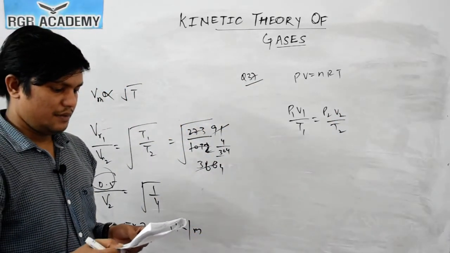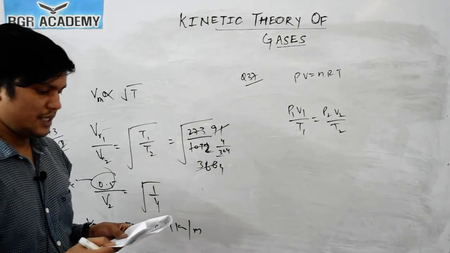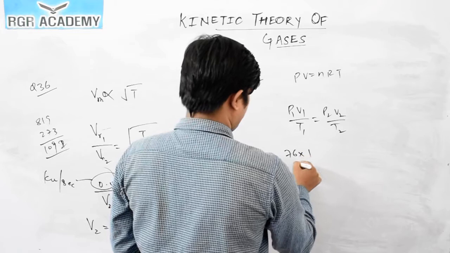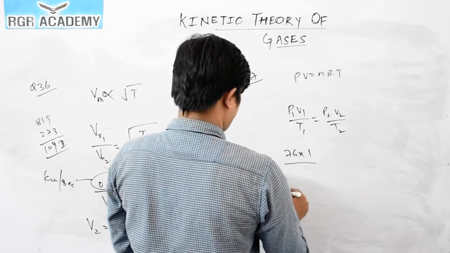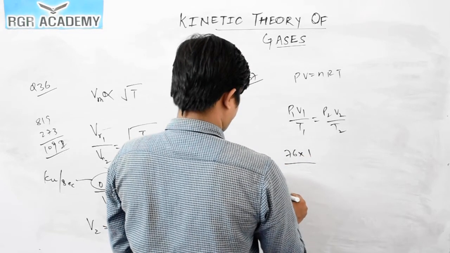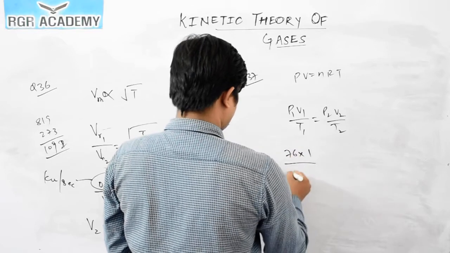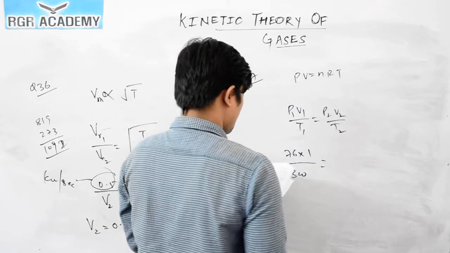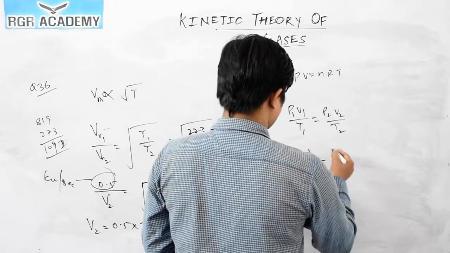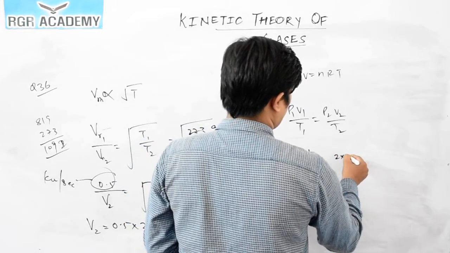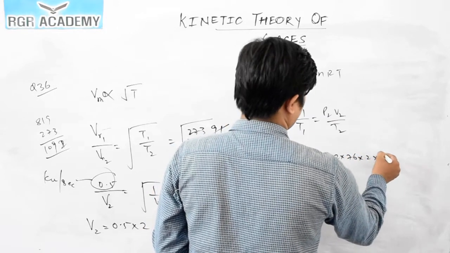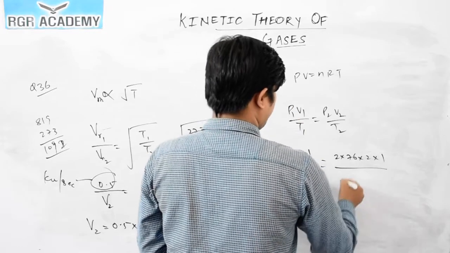So 1 liter of helium gas at the pressure of 76 centimeter of Hg. Okay, so 76 into 1 liter divided by temperature, 27 degrees Celsius, means 300 Kelvin, is equal to P2. Its pressure and volume become double, so that is 2 times 76 into 2 times the volume divided by temperature T2.